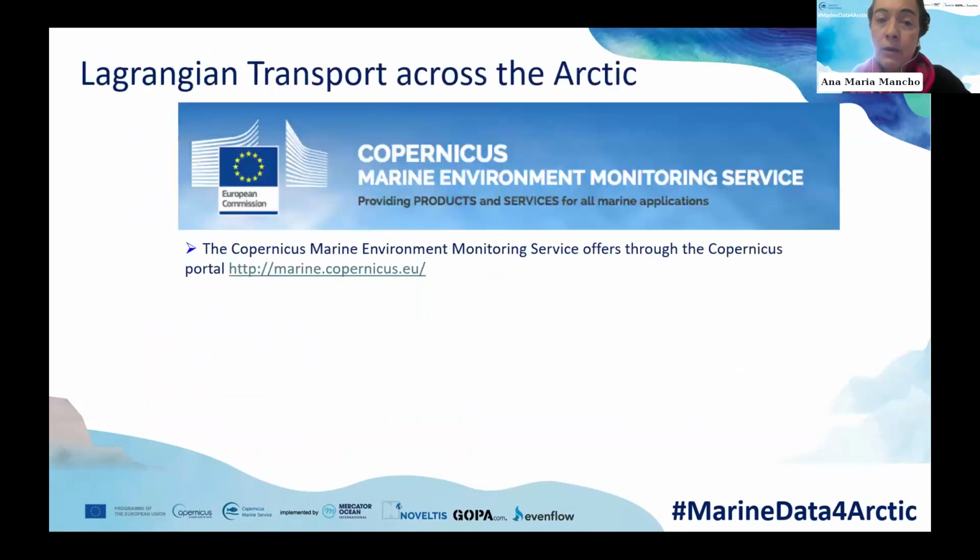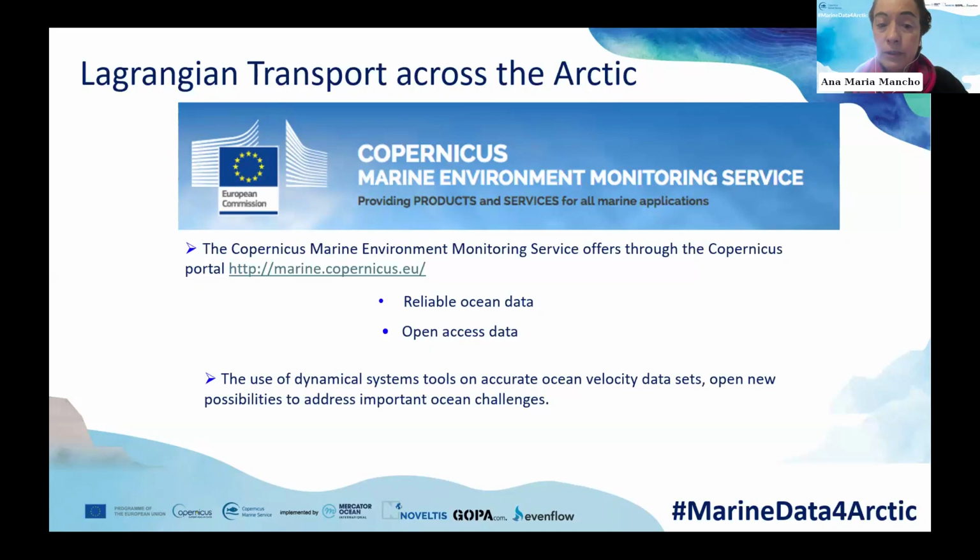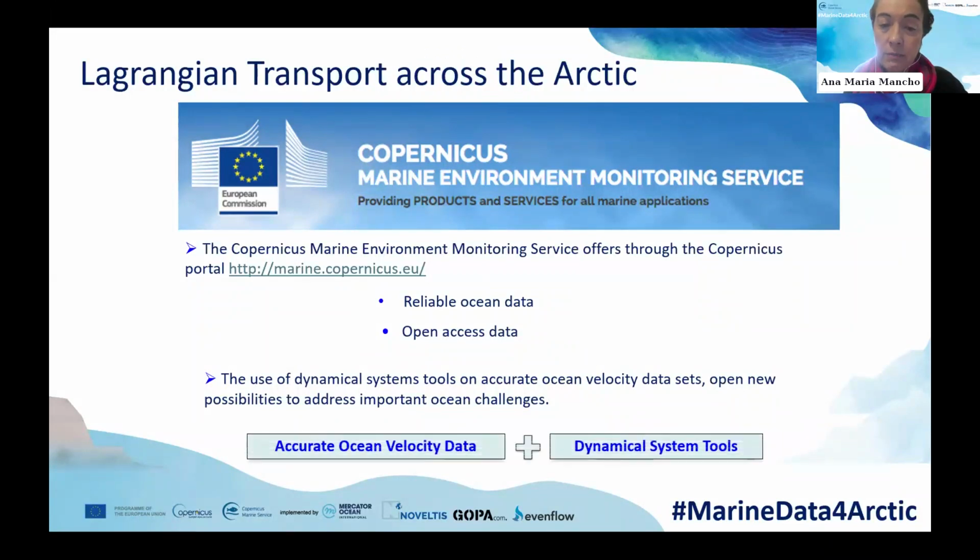And then we are going to apply these ideas on Copernicus datasets, particularly in data from the Arctic, because this data is reliable and also available in open access. And we think that the use of dynamical system tools on these accurate velocity datasets opens new possibilities to address important ocean challenges. And this is what we are going to do next.